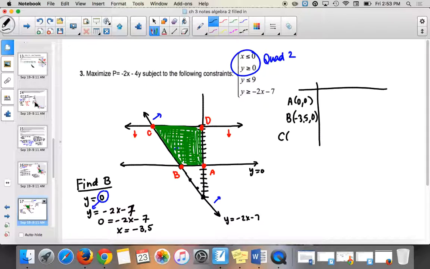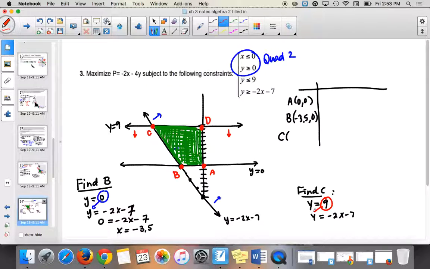All right, so C, we need to find C. For finding C, we want to know what lines are intersecting. So C was y equals 9, and then y equals negative 2x minus 7. Sometimes it helps if you label your lines as you go, like line 1, line 2, line 3. We do the same kind of thing.